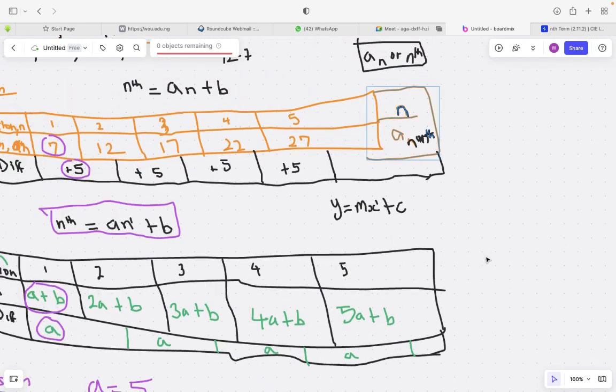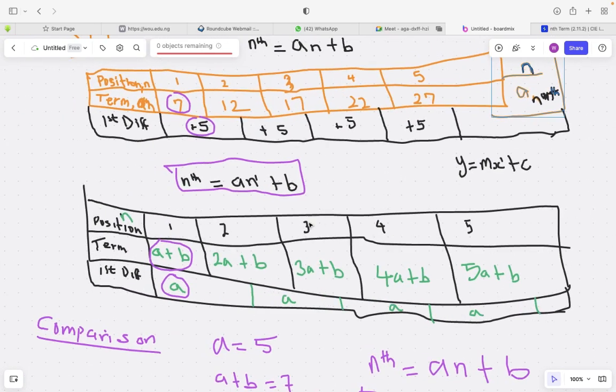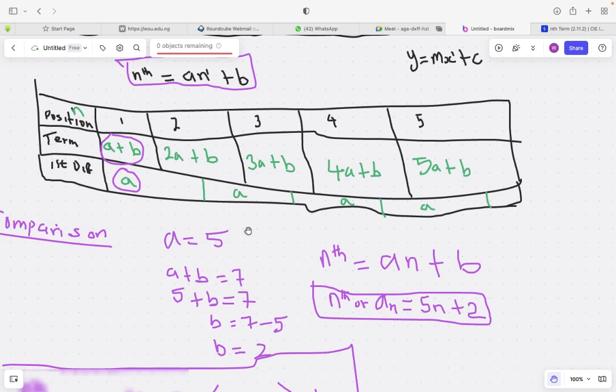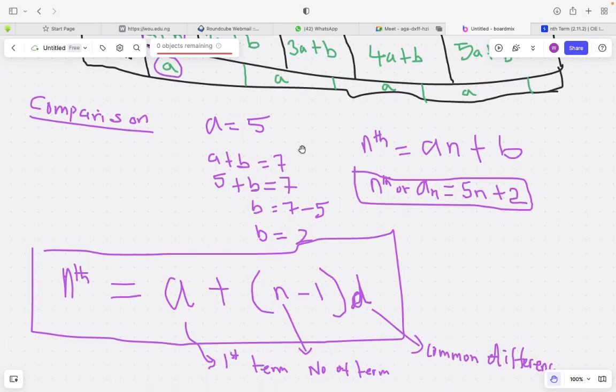Okay, we can only explain from here onward. So we've gotten a, b, and c, right?